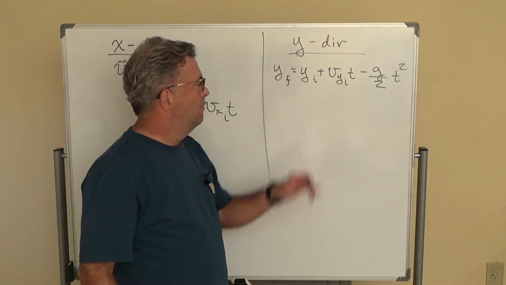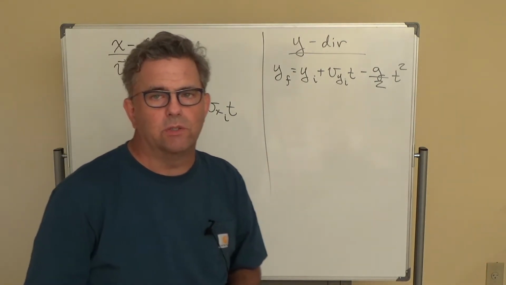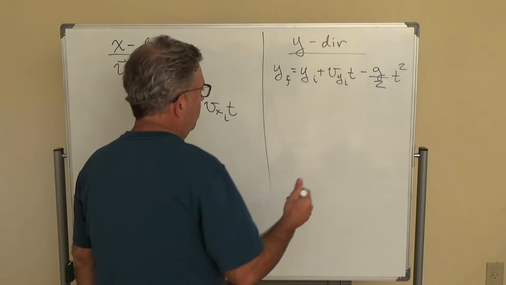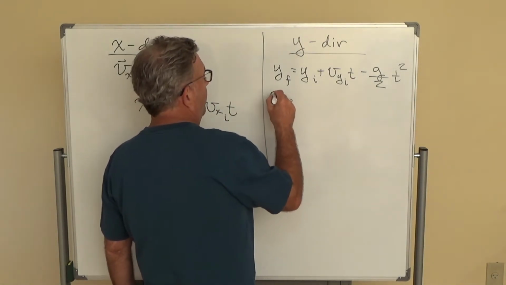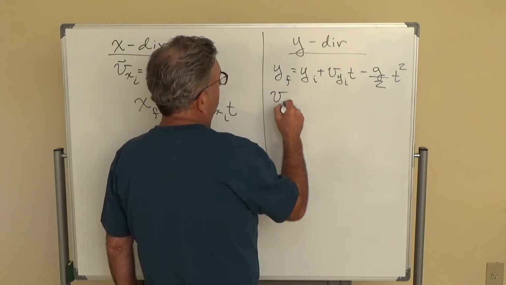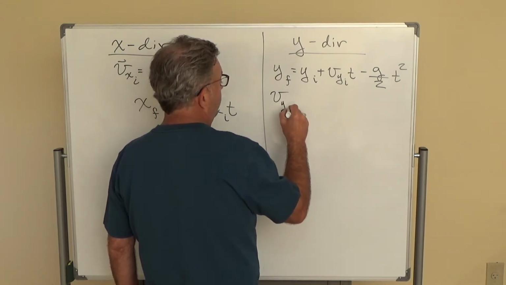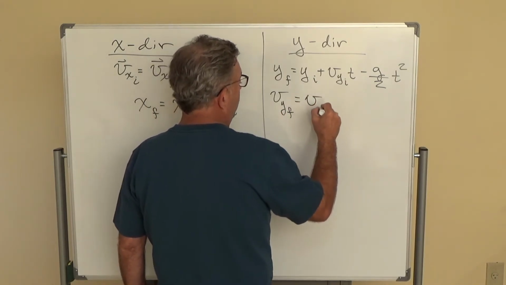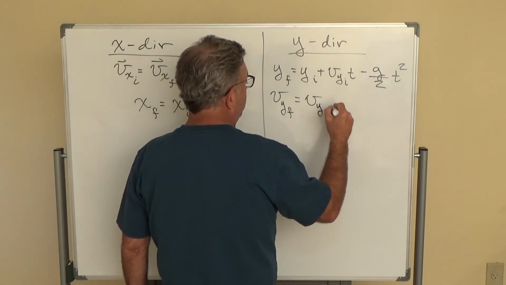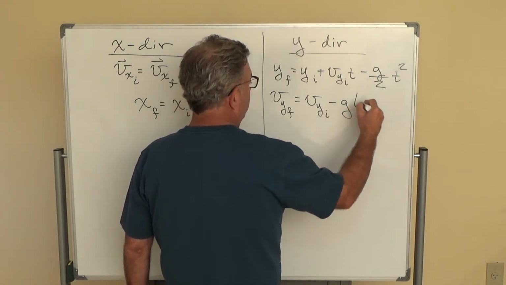That's that position time equation. You also have that Vy final is equal to Vy initial minus gt.